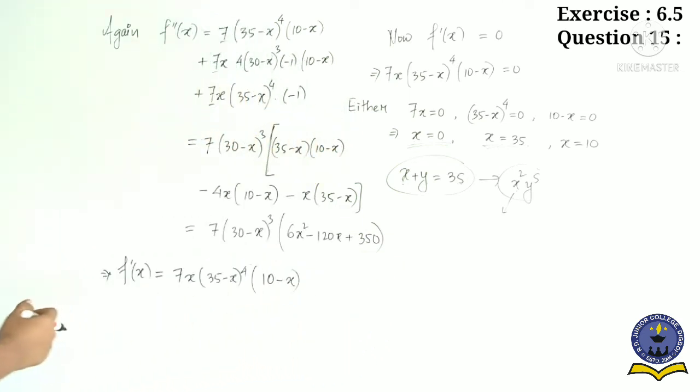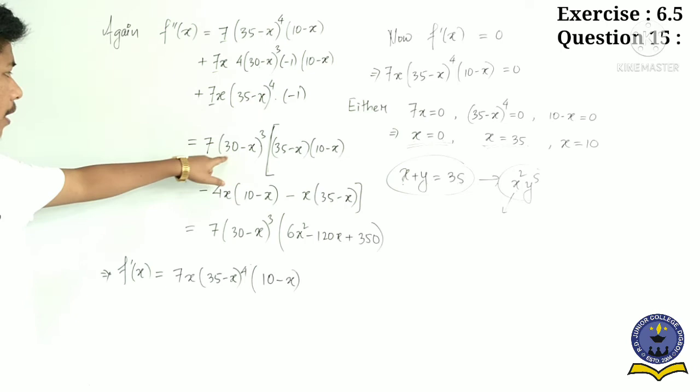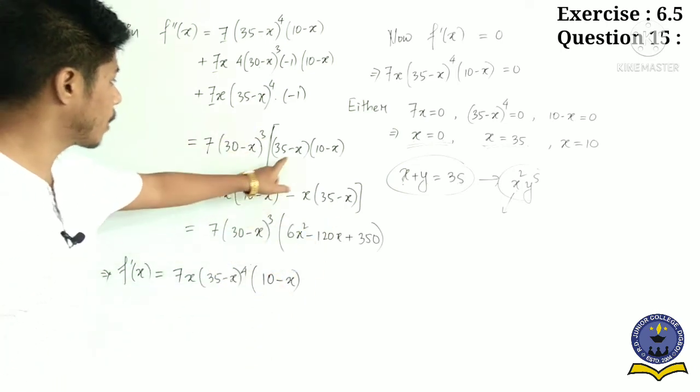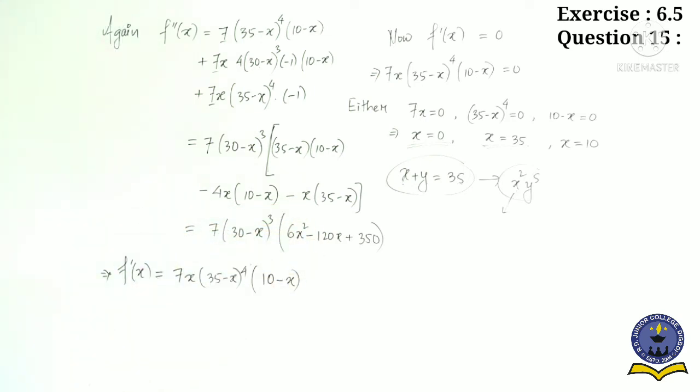Is it clear? So taking common 7 (35 minus x) whole cube, and then 6x square minus 120x plus 350. So this is the differentiation part.